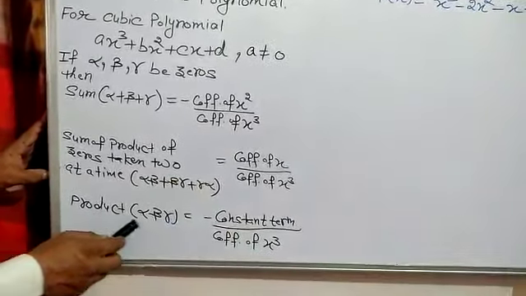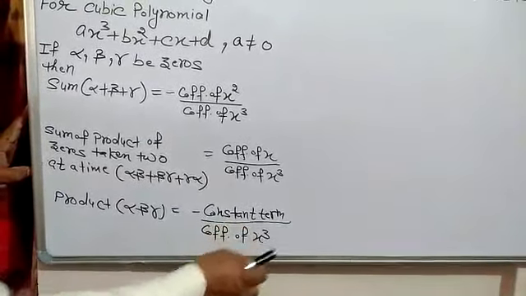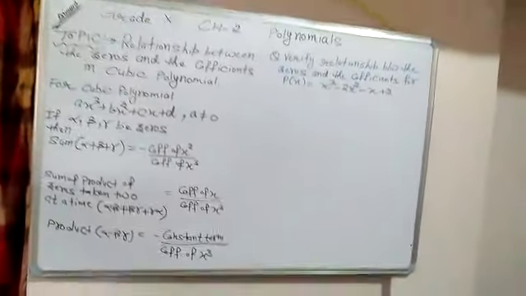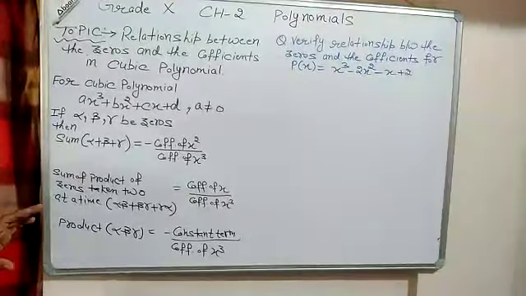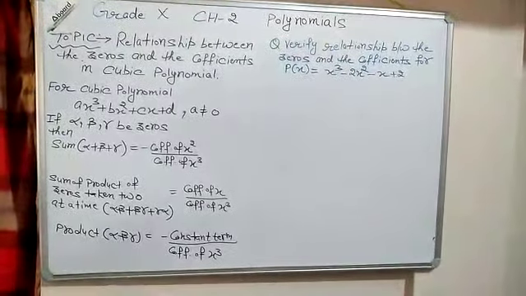And last, the product of zeros, alpha beta gamma, is equal to minus constant term upon coefficient of x cube. This is our sum of product of zeros taken two at a time as well as the product in case of a cubic polynomial.